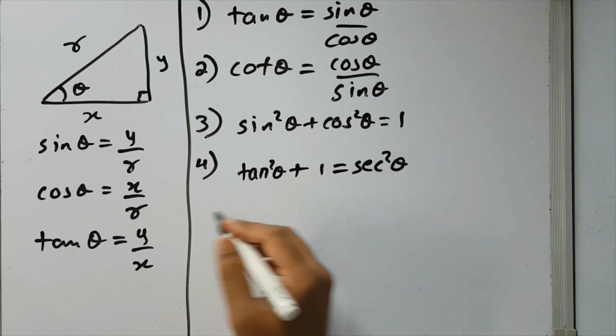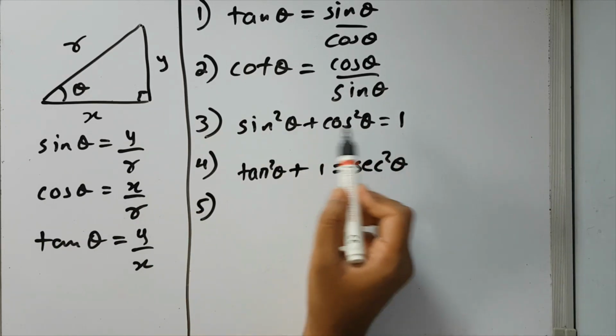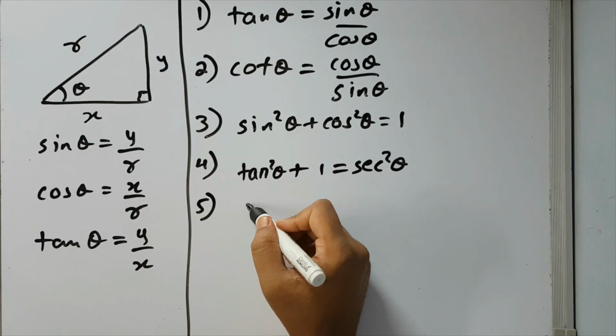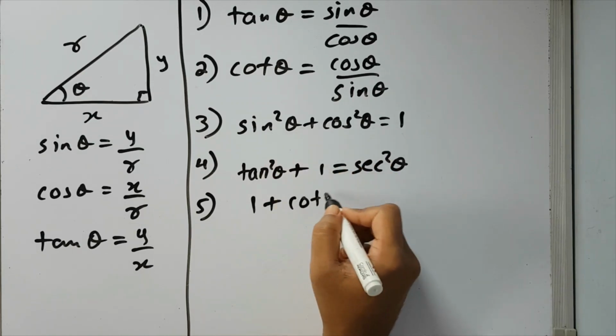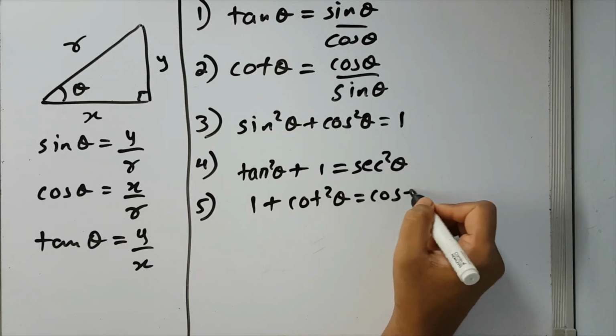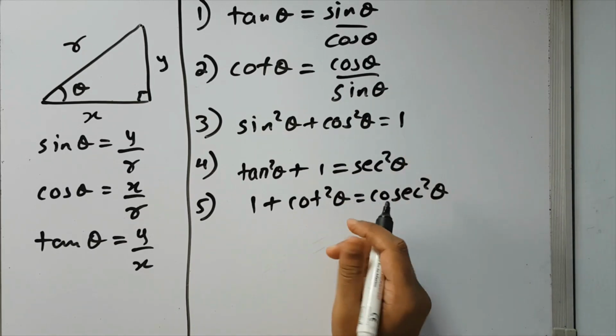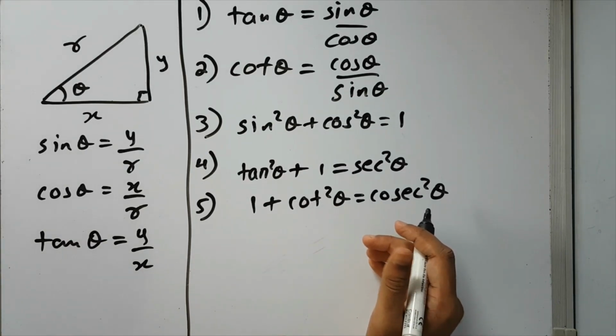Now if you divide this equation by sine square theta, this part would be 1. Then cosine square by sine square would become cot square theta, and 1 over sine square would be cosec square theta. So these are very general formulae you should be knowing about.